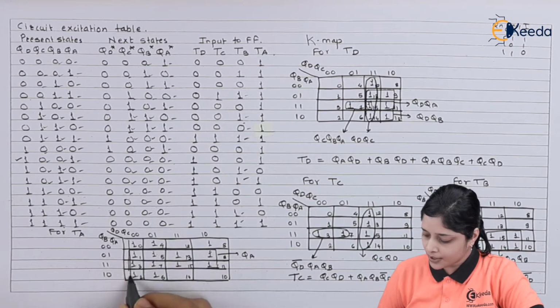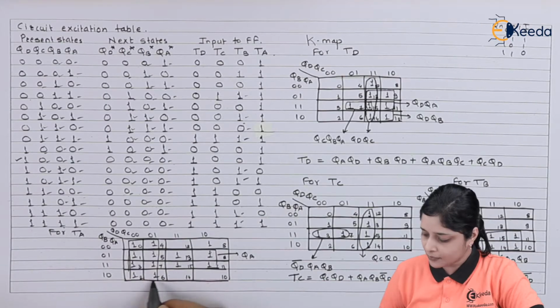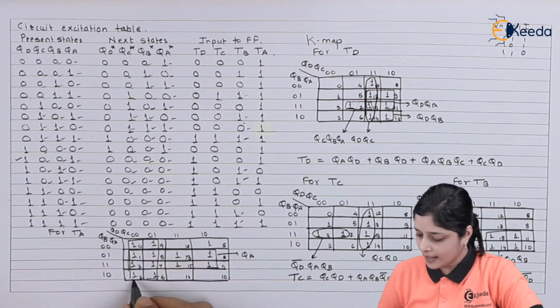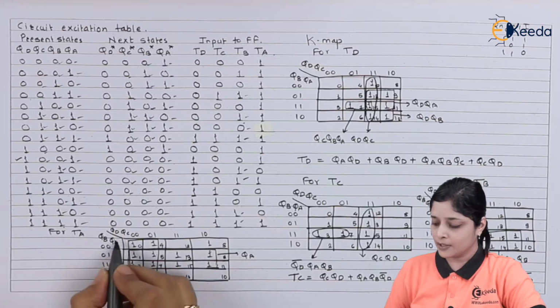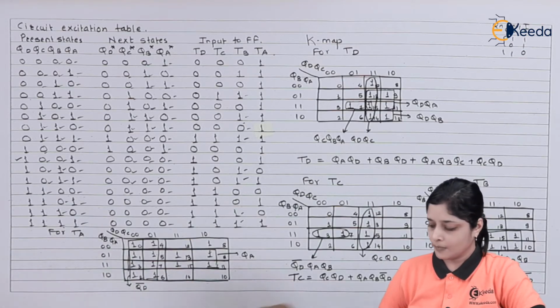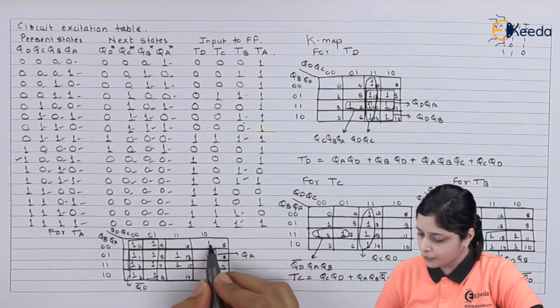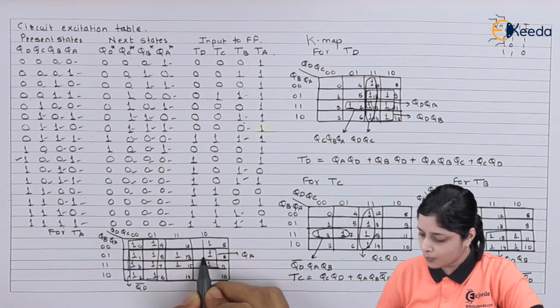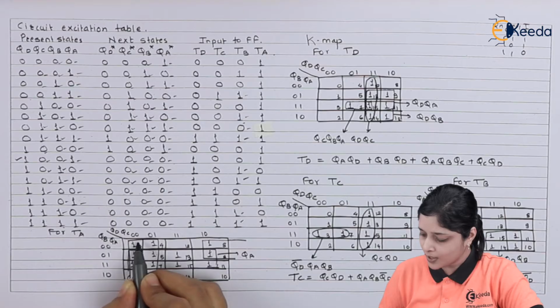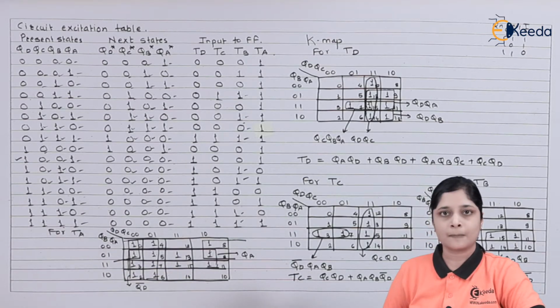After that we have the group of these 8 ones, and the equation for this is what? QD bar, because 0 is same and QC is changing. After that we have only this one left. Here also we can make a group of these 4 ones, these 2 ones, and these last 2 ones.